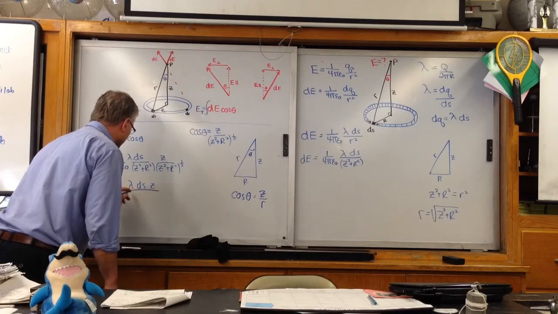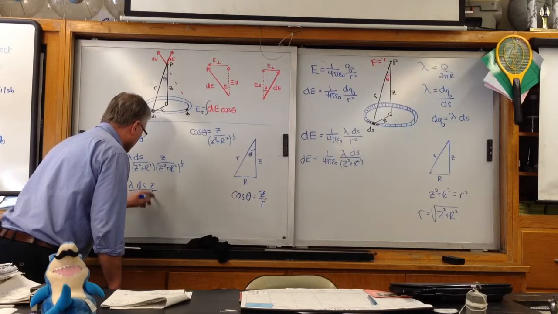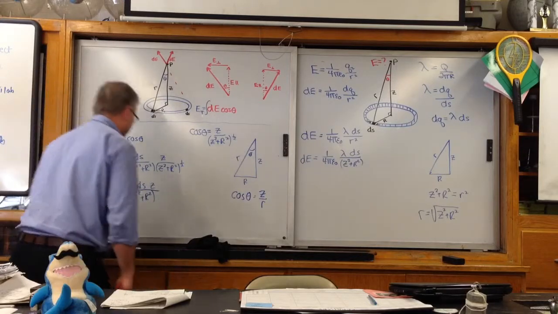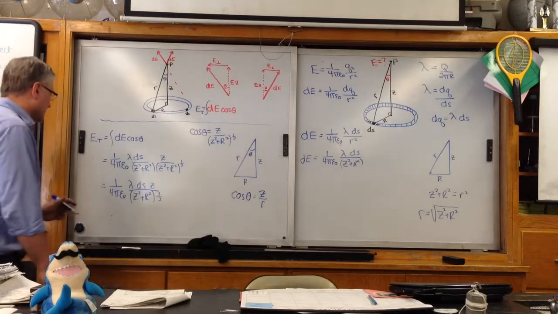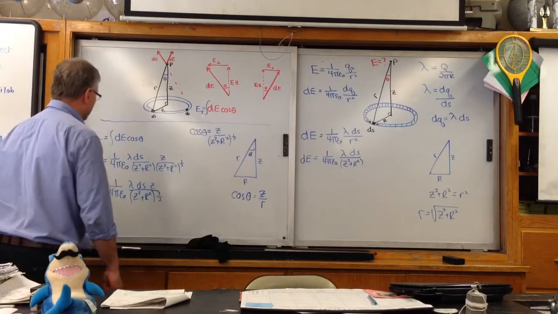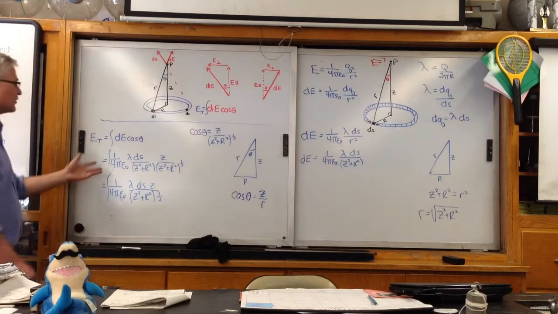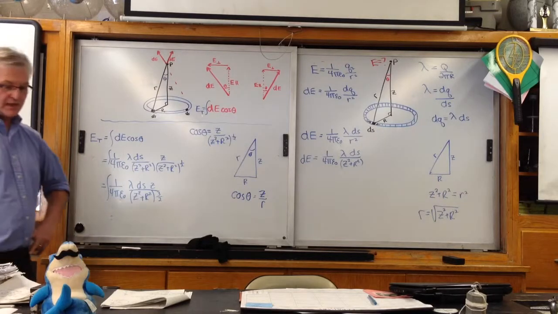So on the bottom, we're going to end up with z squared plus big R squared, see, 1 plus 1/2. Oh, that's like 3 halves, isn't it? So we end up with 3 halves in the bottom, like so. Okay, and voila. Now, we're going to have to integrate this. So we take this, and we're going to sum up all of these in this simple 15-step problem as we have here.